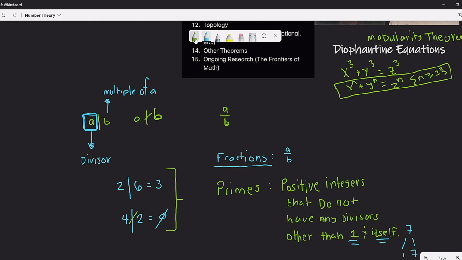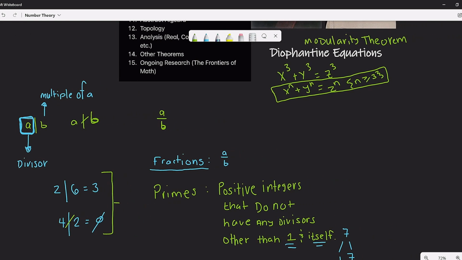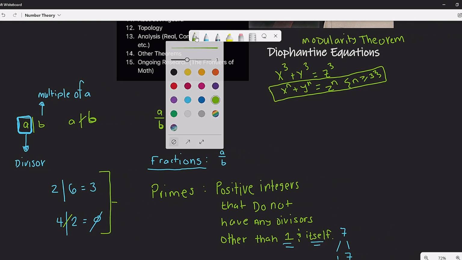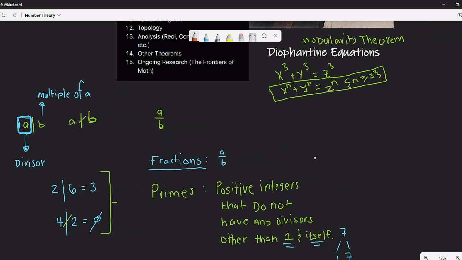Another class of numbers, and let's move over here. Let's do orange. I never do orange. Another class of numbers are the composites. A composite number is just every other positive integer that is not prime. A positive integer that is not prime.